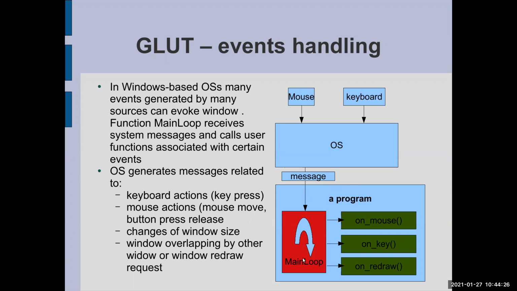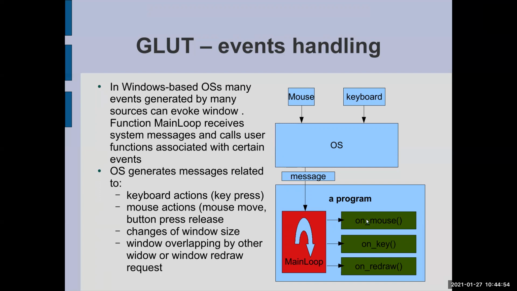So how is it processed? There is something like a main loop, which processes messages which are sent from the OS. The messages contain information about the mouse actions, the keyboard actions, and other actions which are performed. And when a particular message arrives, a program may react to it.